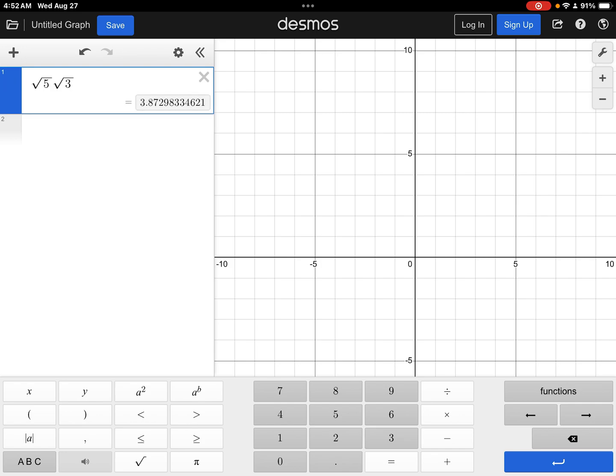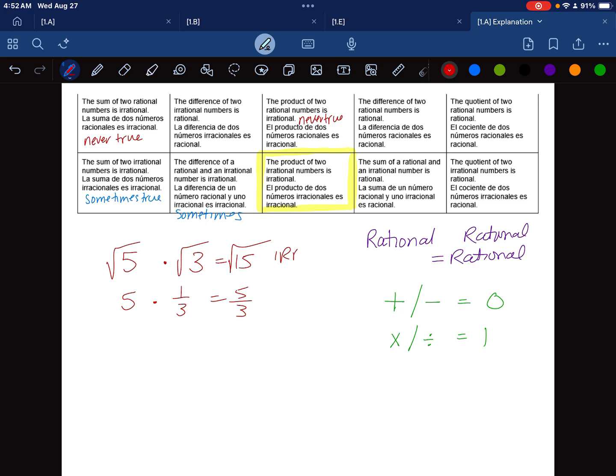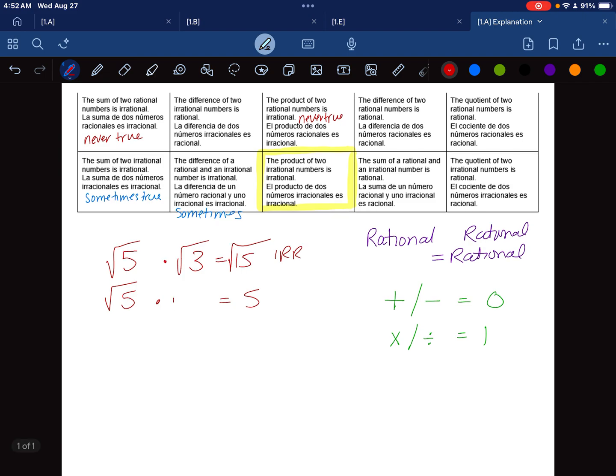Do you see how it goes on forever with all this weird, icky yuckiness? So that's irrational. Now I want to think, can I multiply something by the square root of 5 to get rid of the square root? With square roots, if you multiply a square root by itself, the square roots cancel out, because 5 times 5 is 25, and the square root of 25 is 5. And that is rational. So that's why this one's sometimes true.